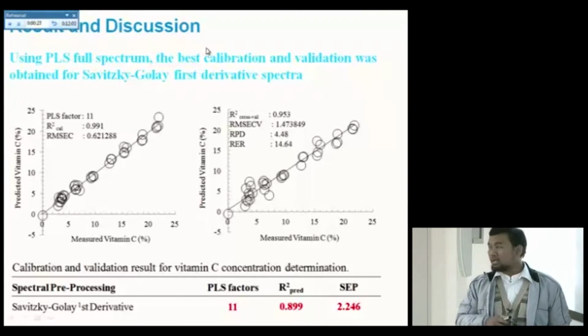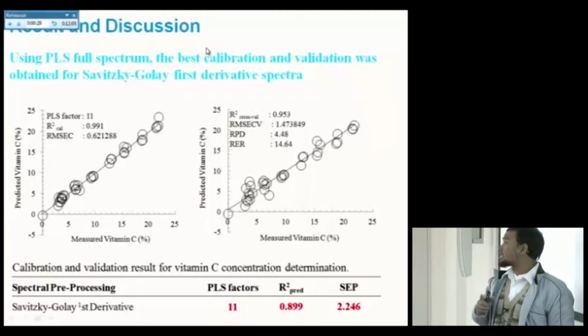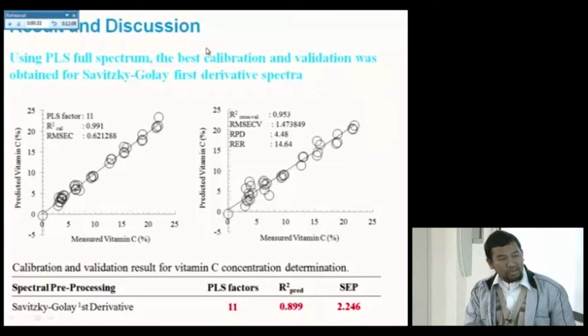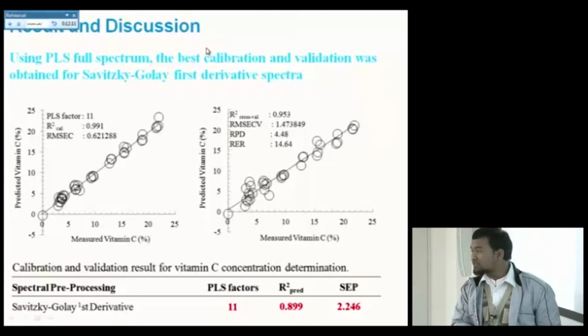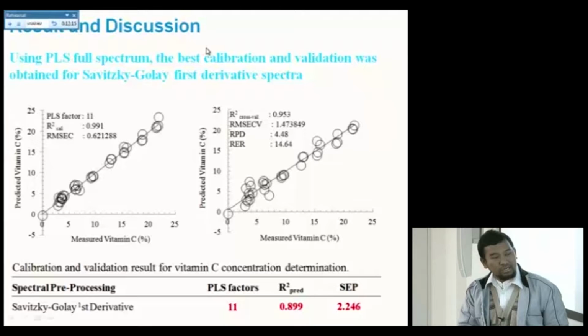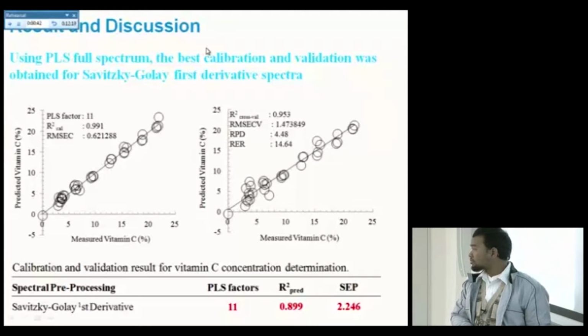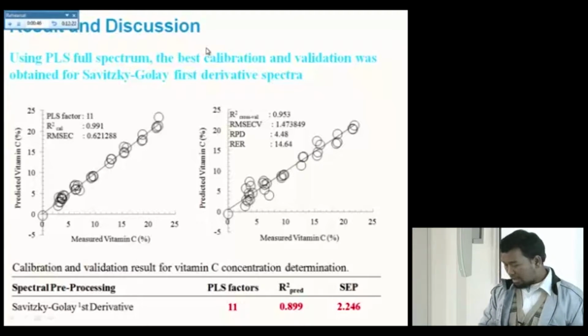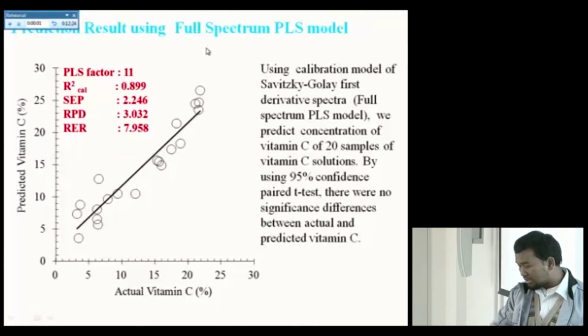And when this model was tested using 20 samples of prediction, the results were obtained with SEP 2.246% and coefficient of determination for prediction 0.899.